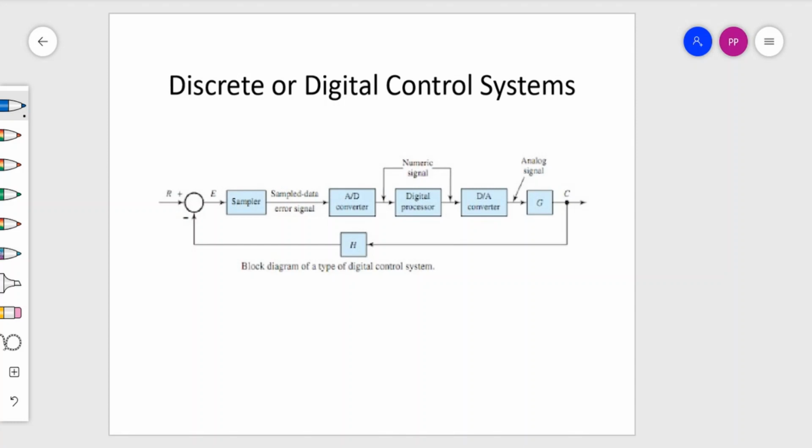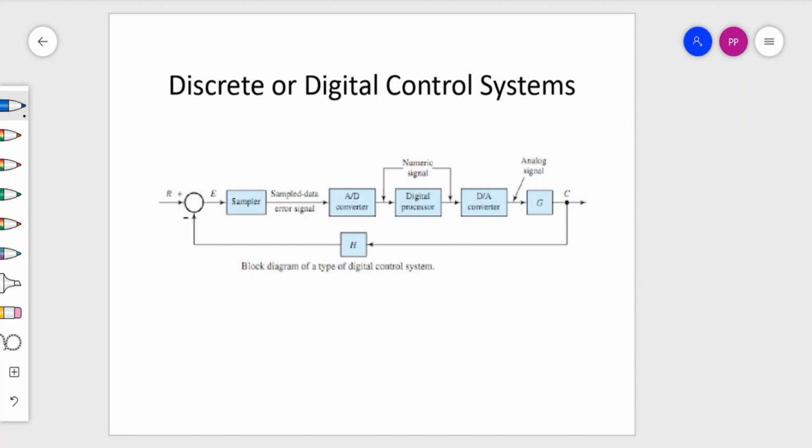That information is fed into the analog to digital converter, which produces a combination of different voltages, the digital voltages, and based on that you can operate the entire control signal in the digital domain within the digital processor.